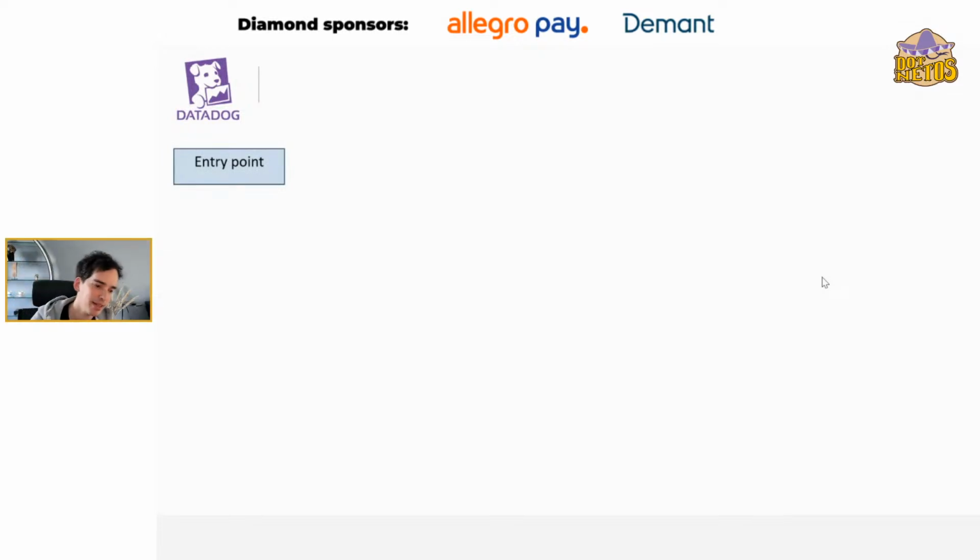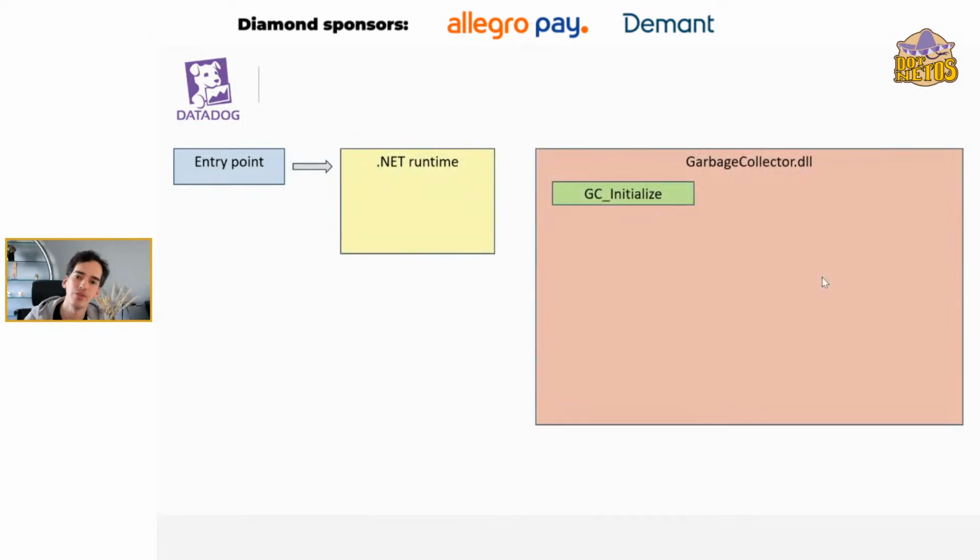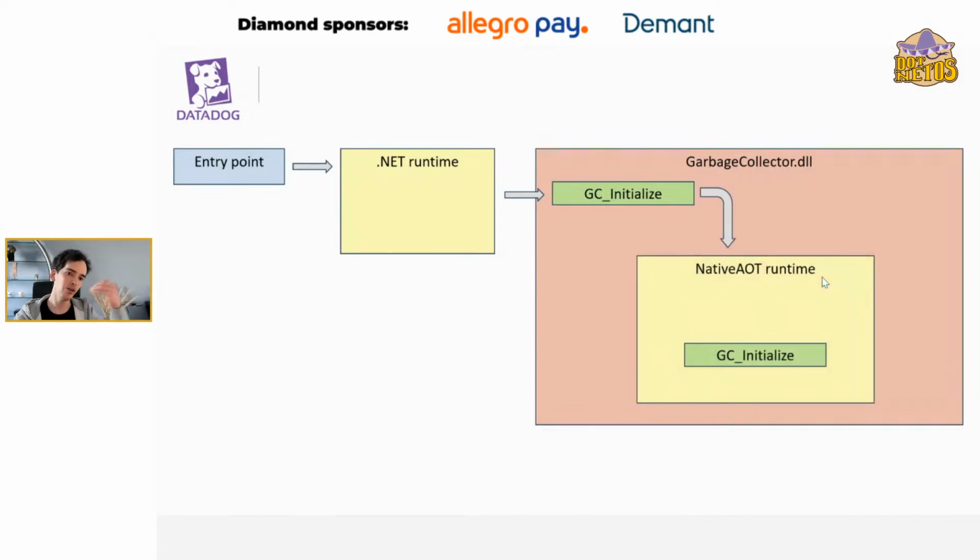And the idea is that when we start the application, we execute the entry point. This is going to trigger the initialization of the runtime. And the runtime is going to load our custom garbage collector, which exposes GC_Initialize. And so the runtime is going to call GC_Initialize. So far, so good. To execute GC_Initialize, since we are inside of NativeAOT, it's going to initialize its own runtime.